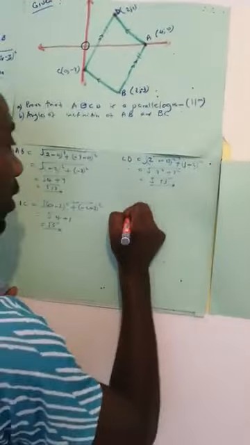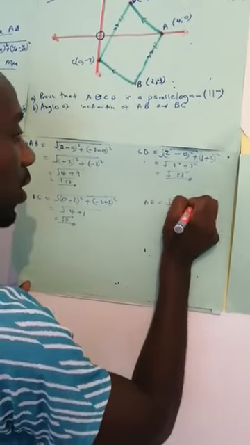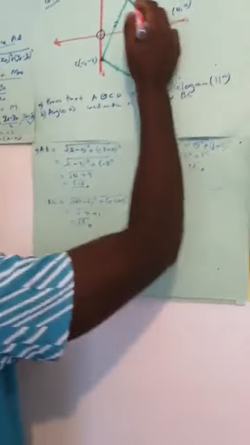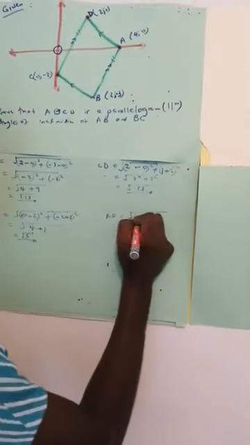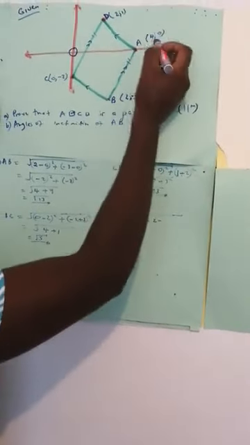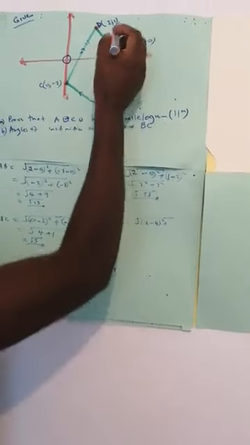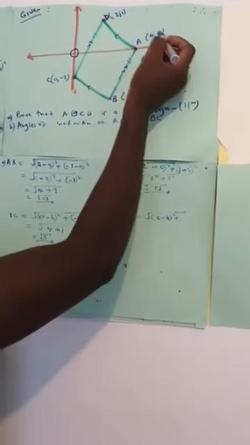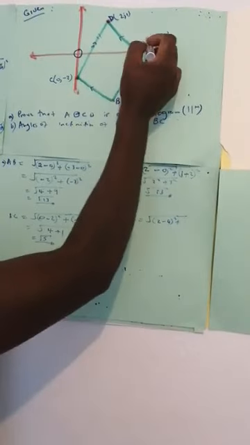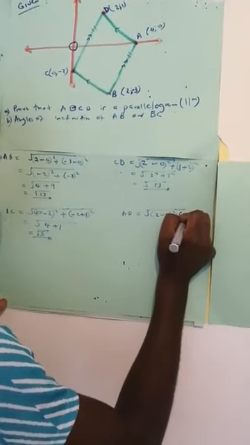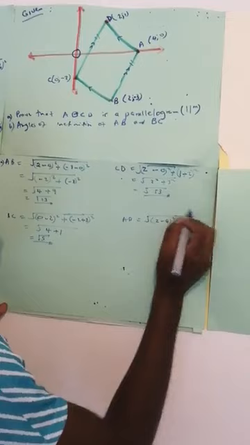And then we calculate for AD. Root AD, we'll say 2 minus 4 squared, plus 1 minus 0 all squared.